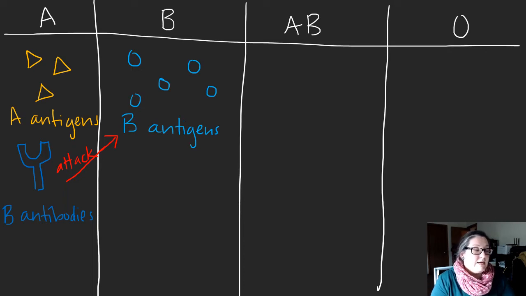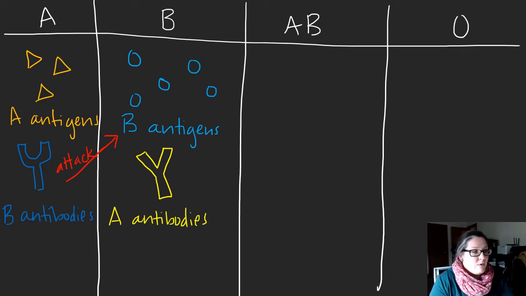Don't want that. It actually causes the blood to clump up or agglutinate, and it can cause clots or even death over time. It's really not good. Now, type B blood individuals make A antibodies against A antigens that will attack if they're put in the same area together, and they actually clump up.